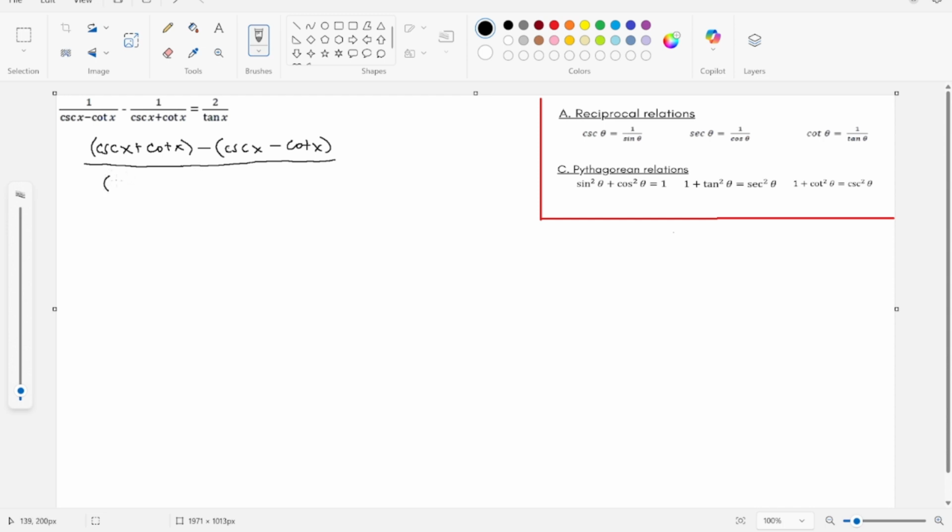So magiging cosecant x times cosecant x plus cotangent x is equal to 2 over tangent x.